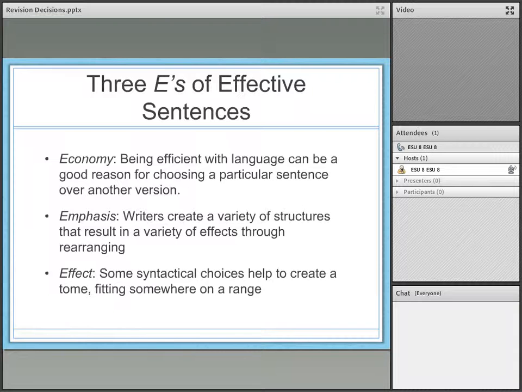Last but not least of the 3 E's of effective sentences is effect. Here it reminds us that some syntactical choices help to create a tone fitting somewhere on a range from very simplistic to sophistication.